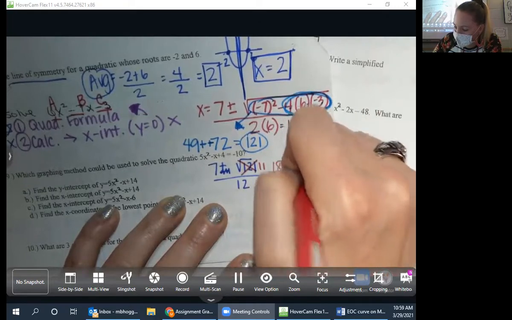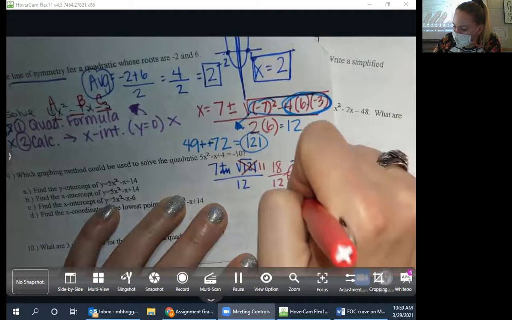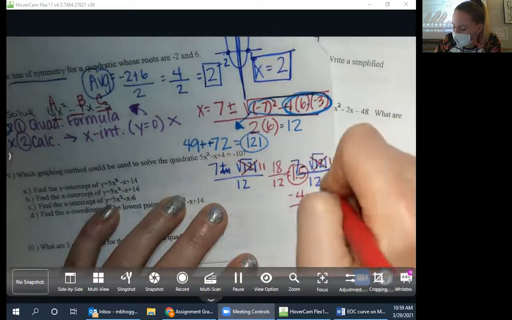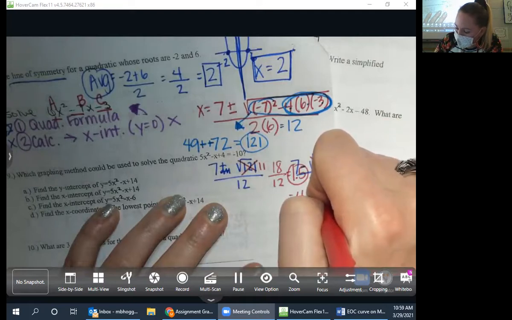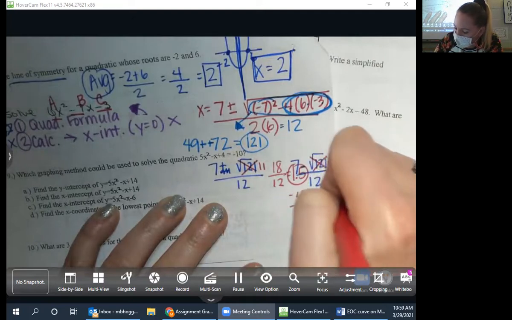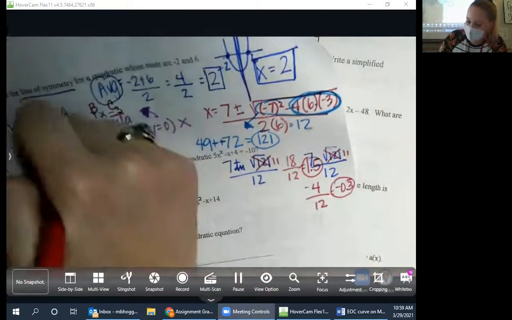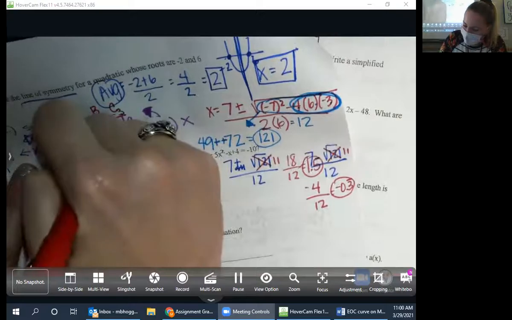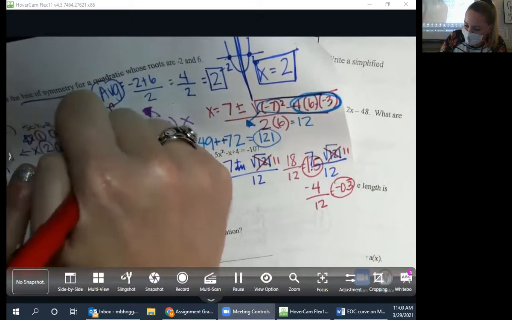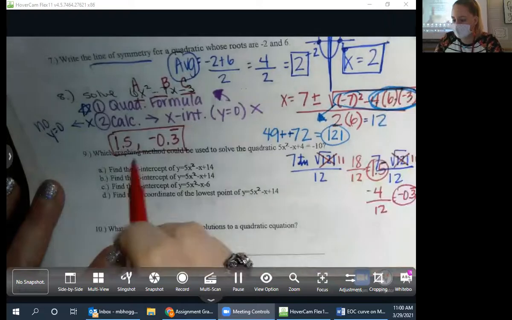That's 1.5. 7 minus 11 is -4 divided by 12, which is, I think it's a third. It's -0.3 repeating. So those are your two solutions. I'll put them over here: 1.5, comma, negative 0.3 repeating. That's your answer.